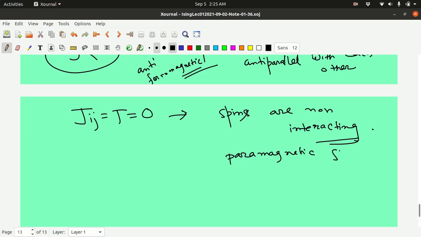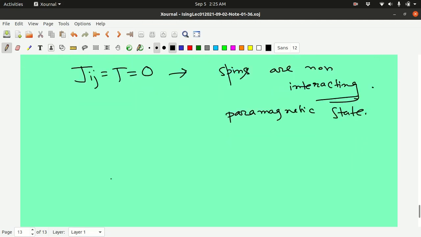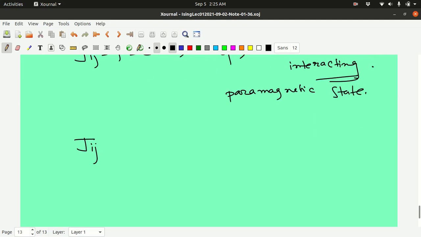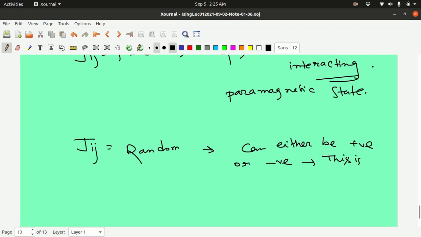Now there is another possibility, where J_ij is random, and can be either positive or negative. This is called spin glass.